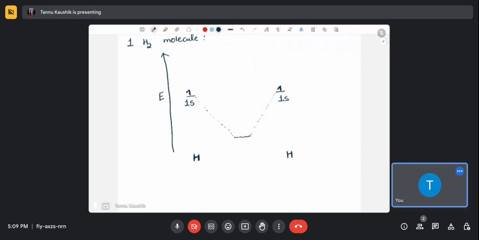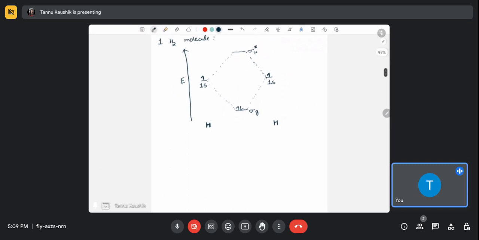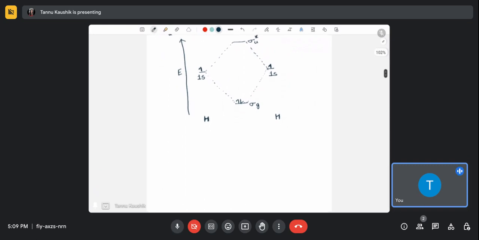That's why we have the bonding molecular orbital as sigma g and the anti-bonding molecular orbital as sigma u star. So now these two electrons will be filled in the bonding molecular orbital like this. From this we will calculate the bond order for the H2 molecule.